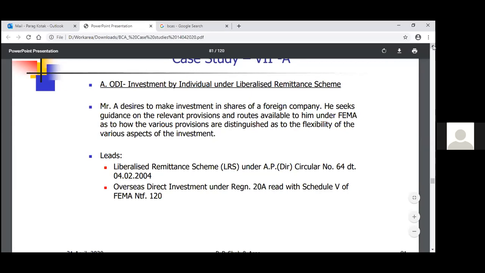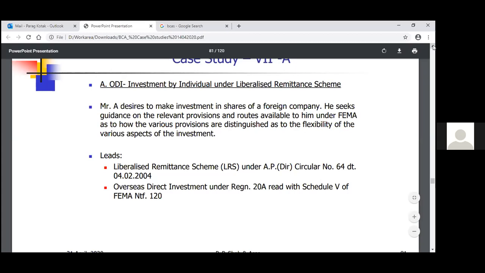So this was the last of the case studies, and now this case study is on liberalized remittance scheme overseas direct investment. This is also purely from the academic perspective, that how liberalized remittance scheme differs from the proper provisions of notification 120 for the ODIs, and what is possible under 120 and what is possible under liberalized remittance scheme.